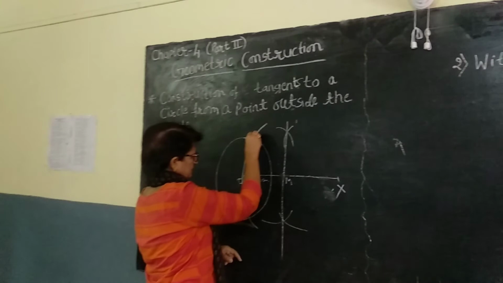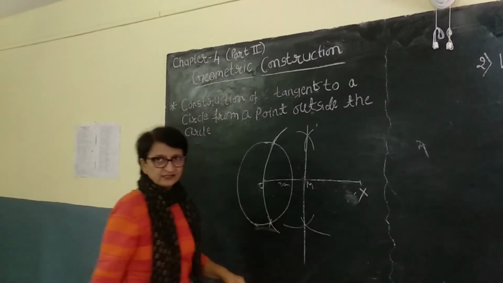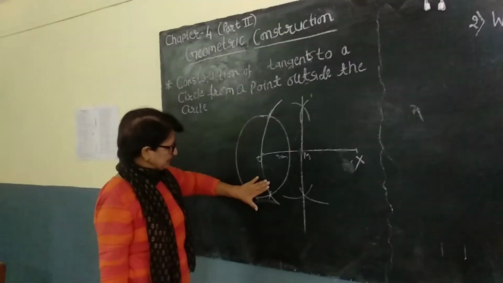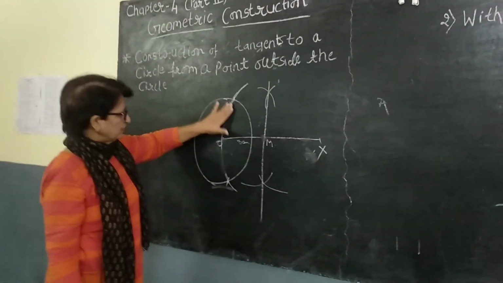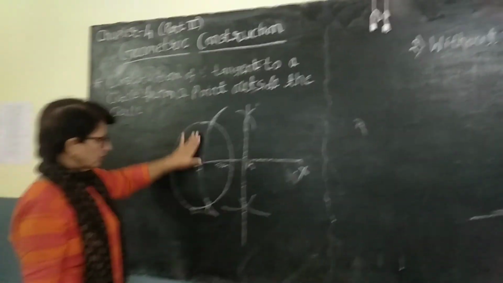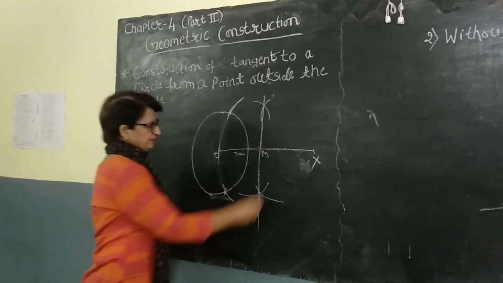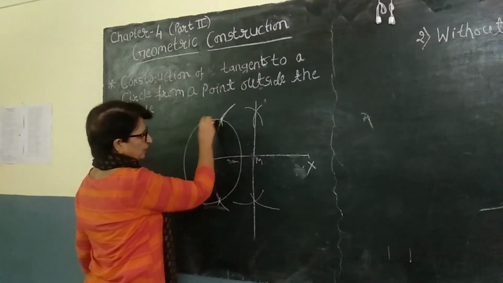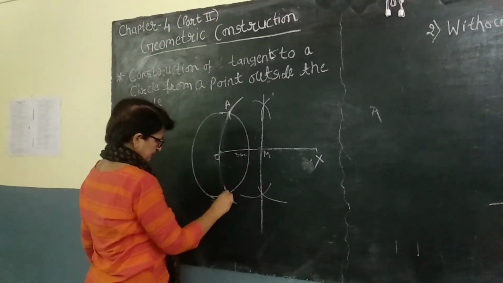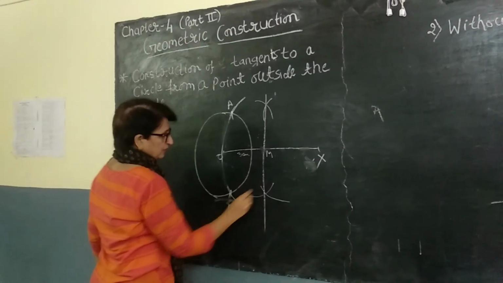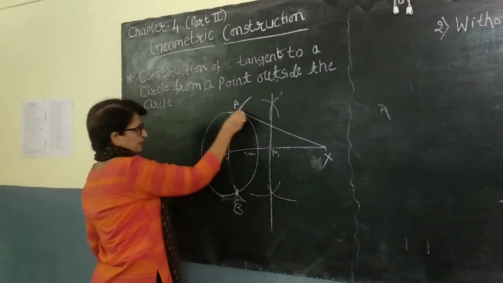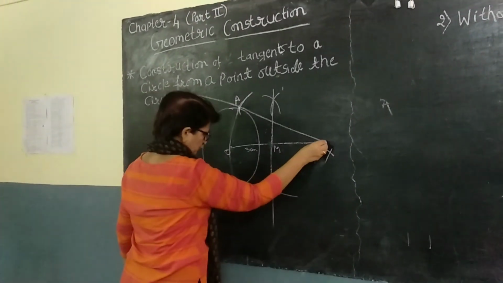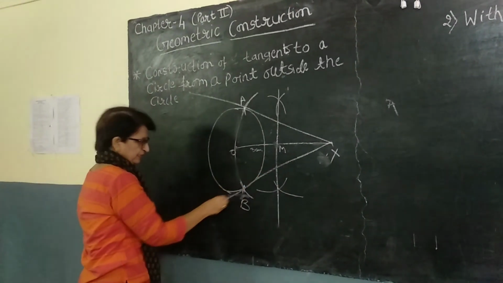So it is cutting the circle at 2 points. So this portion is not necessary for construction. Only this is there. But you can draw the full thing also. Then this point you got as A and this here B. Join XA and join XB.